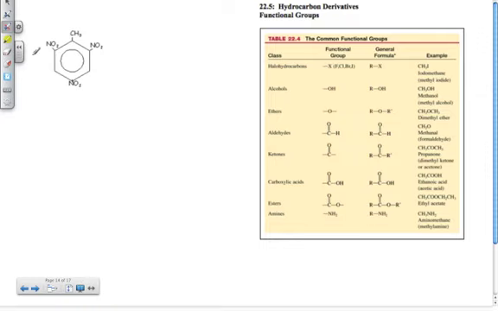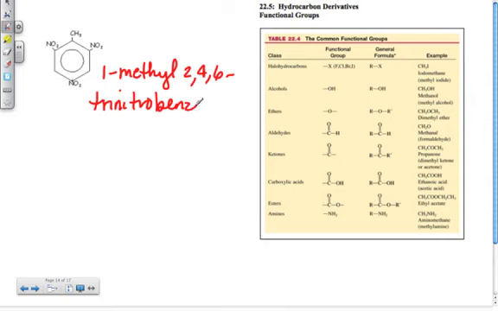And here in this beautiful one we have 1-methyl followed by 2, 4, 6-trinitro. The NO2 is nitro, and this is a benzene ring.